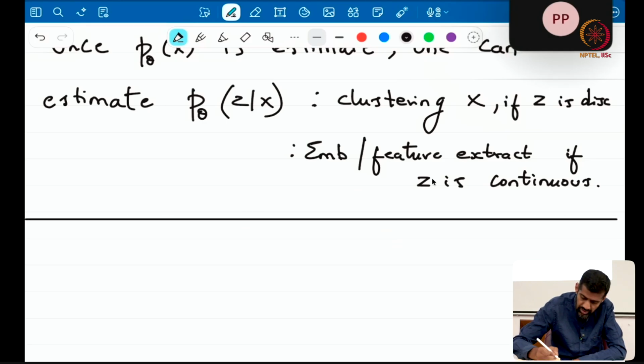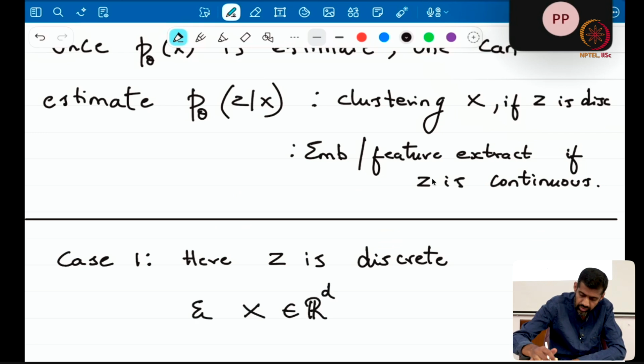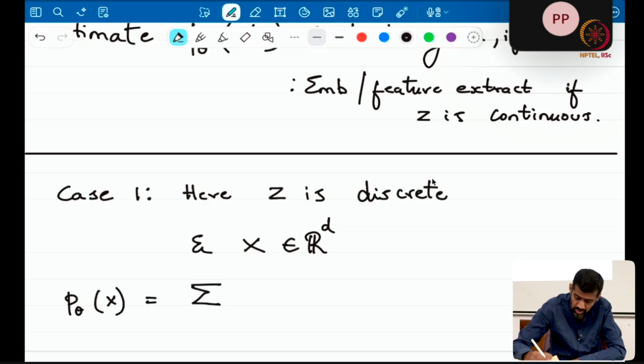So, case 1: here z is discrete and we have x in R^D. In this case, we write P theta of x to be equal to the sum over z of P theta of z times P theta of x given z.